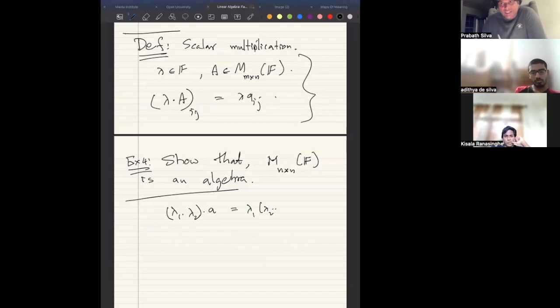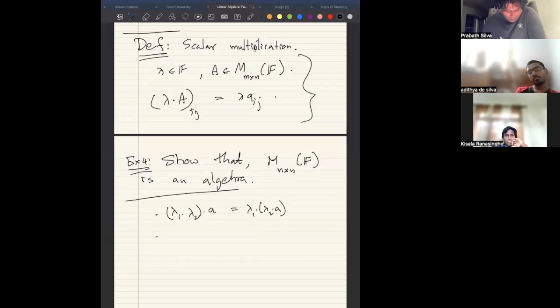There are things like this that are purely about the scalars, and then you have properties that interact with the addition, and properties that interact with the multiplication.